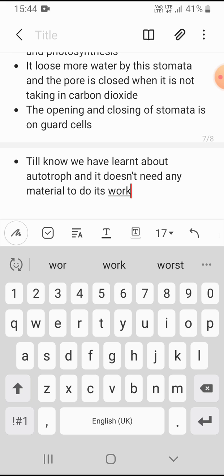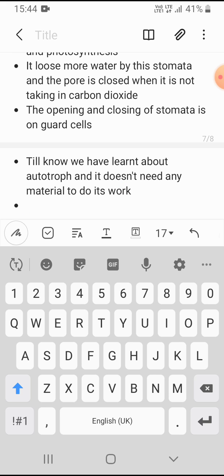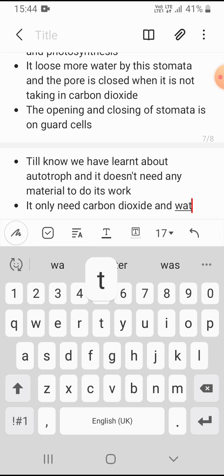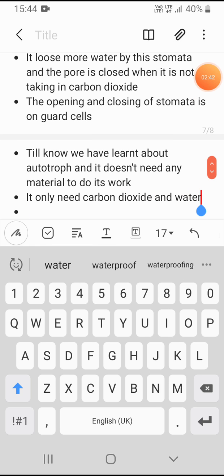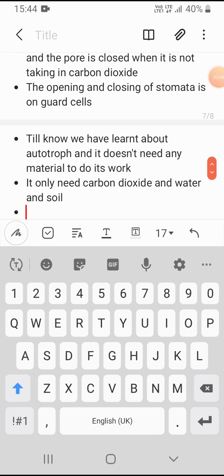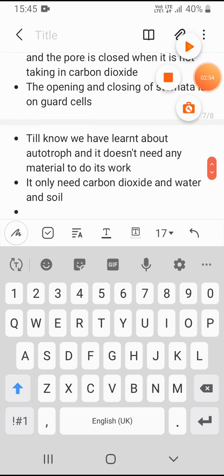It only needs carbon dioxide, water and soil. We talked about autotrophs and what a life process is. Maintenance of the organism is called a life process.